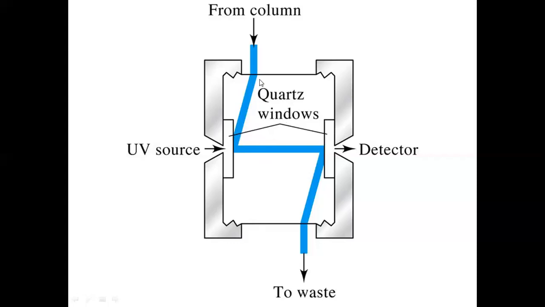Why is the Z shape given to this flow cell? This is very simple: in order to increase the path length. You know Beer-Lambert's law: A equals epsilon b c, where epsilon is the molar extinction coefficient, b is the path length, and c is the concentration of the solute. If the path length is increased, absorption is going to be increased.